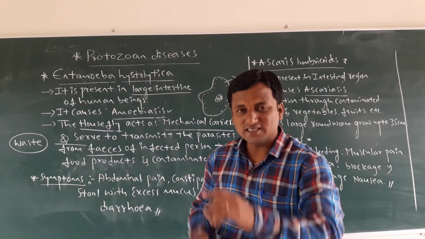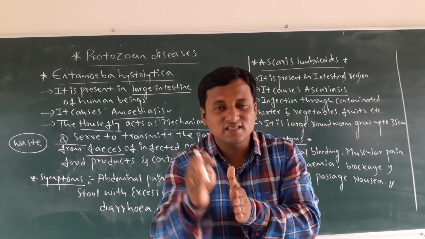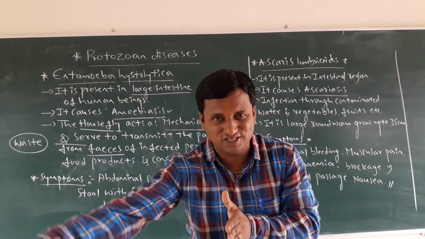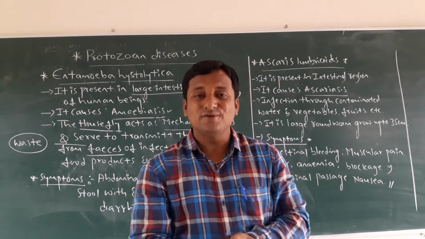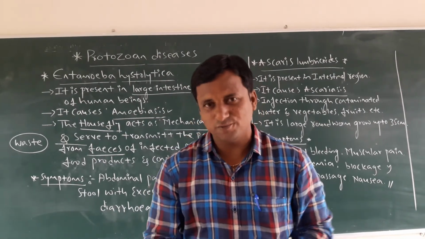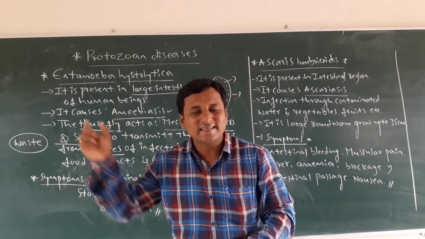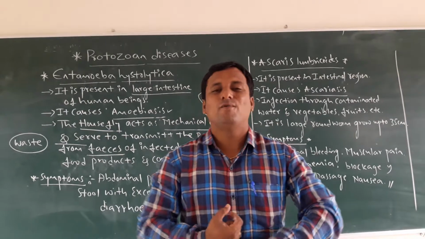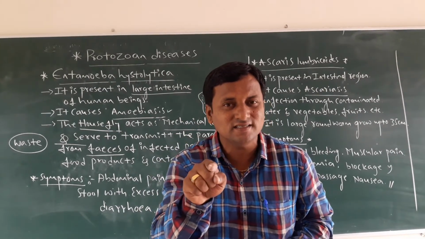What does it transmit? It transmits the parasites from the feces of an infected person to the food, which gets contaminated. When we ingest or eat that type of food, automatically the parasite enters our body. Then which disease do we suffer from?